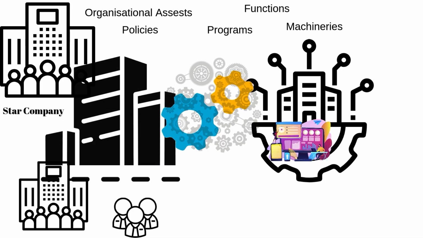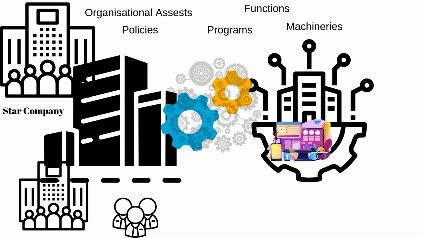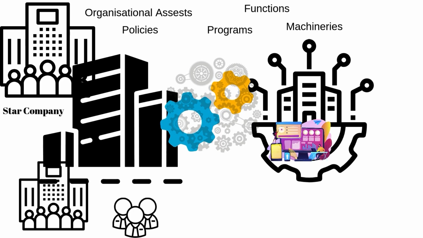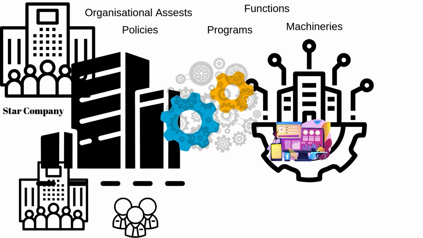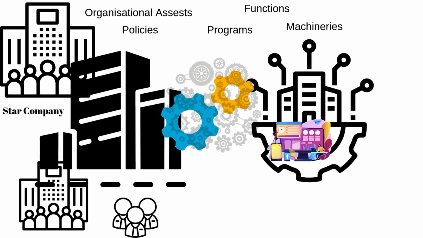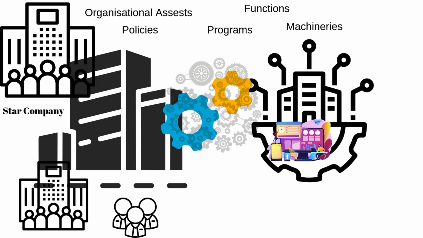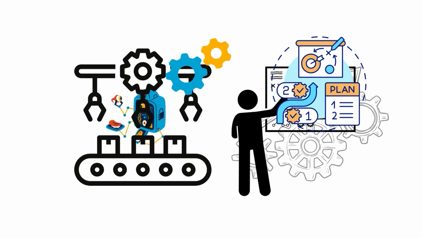Now these resources could be the organizational assets, policies, programs, functions, or any of the functional units like physical components, machineries, raw materials, any of these. Can we have a software which can help us plan these resources for optimum utilization? A software which can help planning of better utilization of these resources.